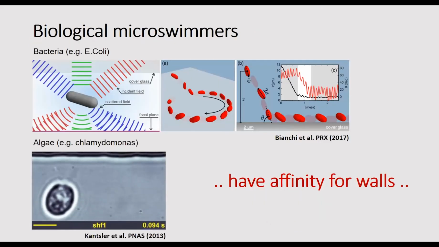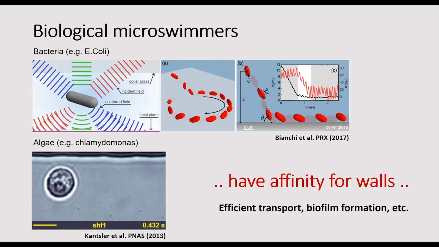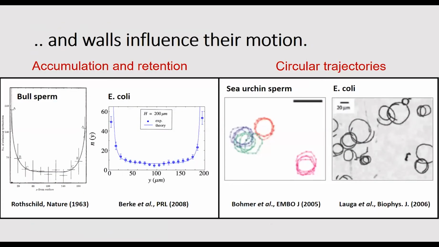Fast forward to today, we know that biological swimmers have affinity for walls. For example, bacteria form biofilms on surfaces, which facilitate their spreading and their cooperation and also the capture of nutrients. So biological swimmers have affinity for walls, and in turn, walls also influence their motion.